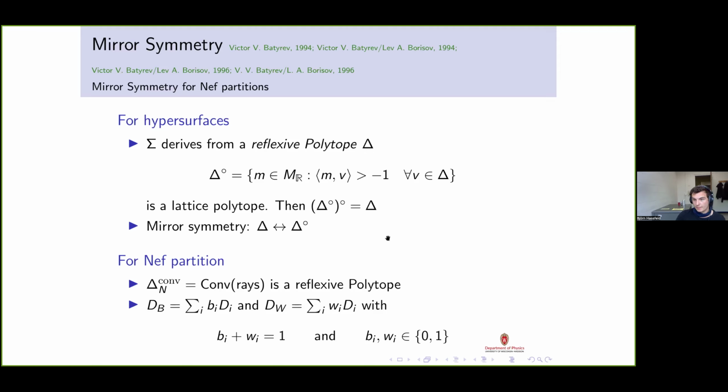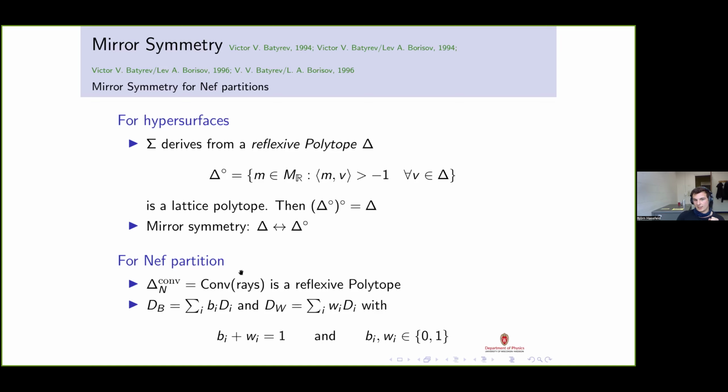But now we don't have a Calabi-Yau hypersurface, we have a codimension 2 Calabi-Yau in a toric sixfold. So the question is, how does this generalize to such situations? And the answer is it does generalize, but it gets a bit more complicated. What you have to do is you have to construct, again, a polytope, which is basically just to take the convex hull over all rays in our fan.